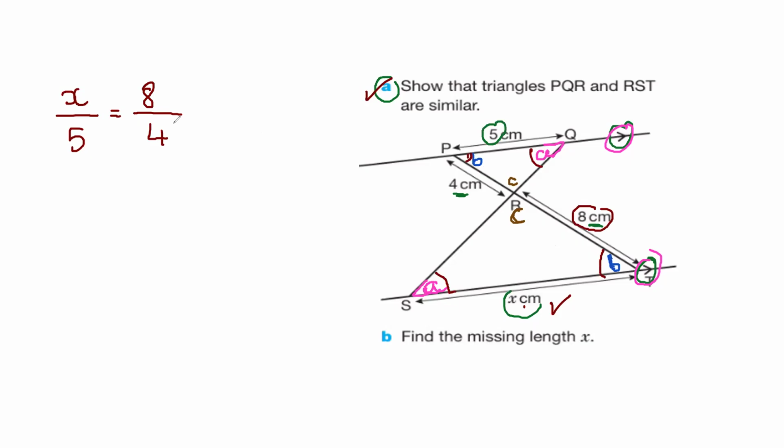Here you can get the x directly by cross multiplying, or you don't even need to, because 8 is double 4, so x will be double 5, which is 10 directly. So here I got the x. I hope that it's clear now.